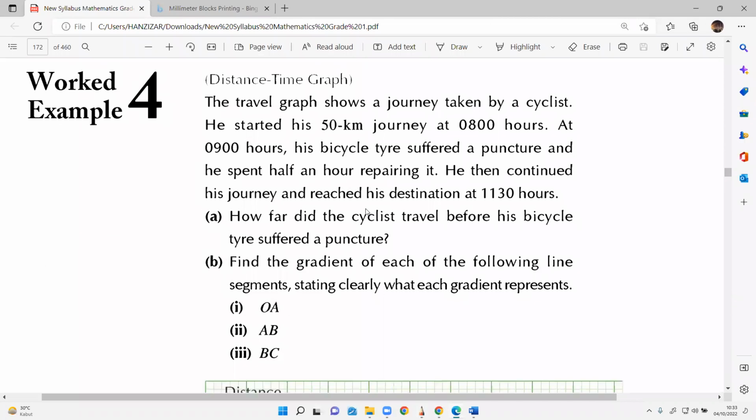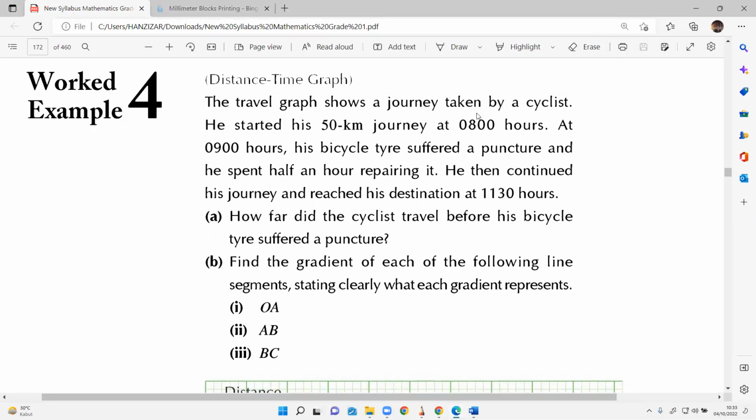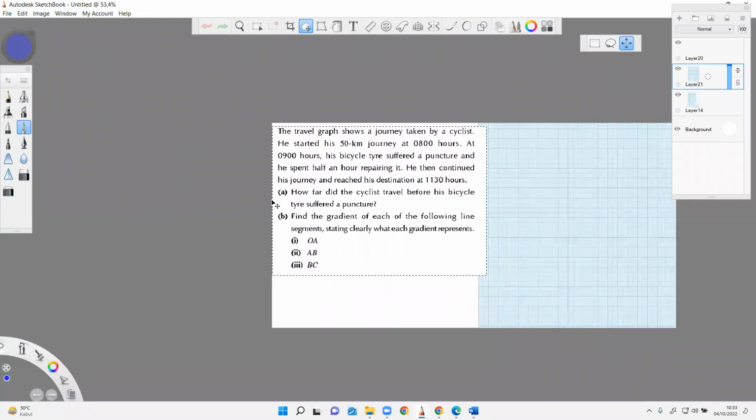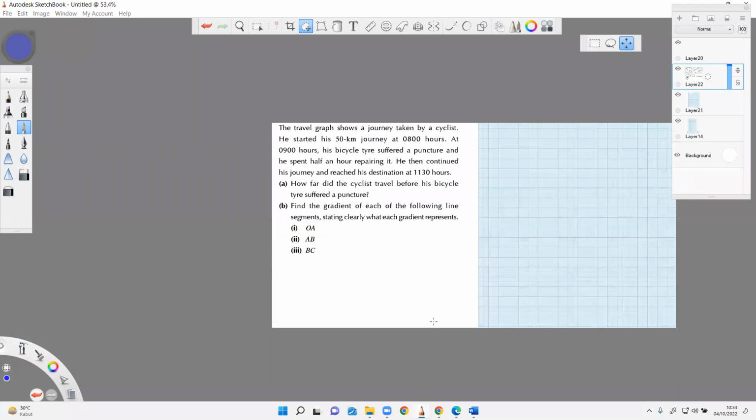For example, the travel graph shows a journey taken by a cyclist. It is worked example 4. He started a 50-kilometer journey at 8:00 hours. It means 8 a.m. Oh, we don't have the graph.